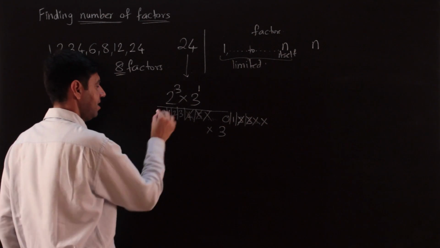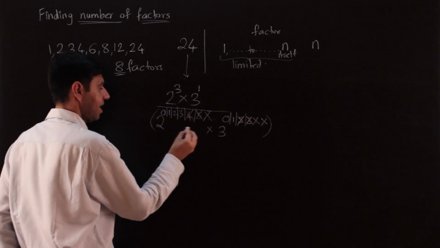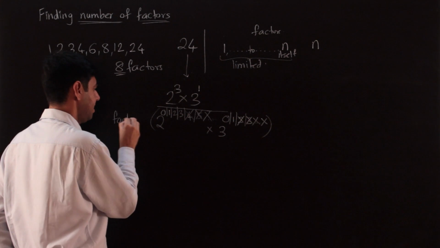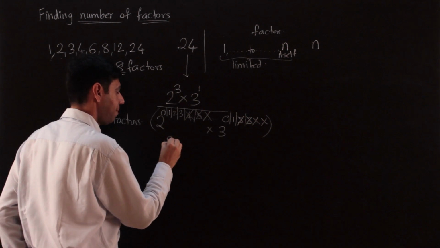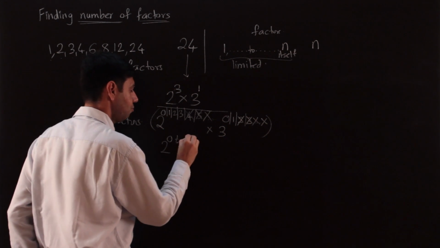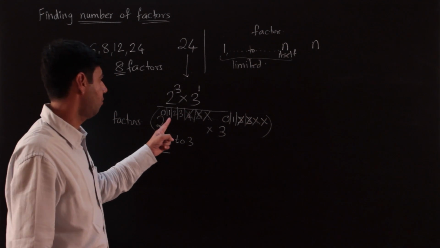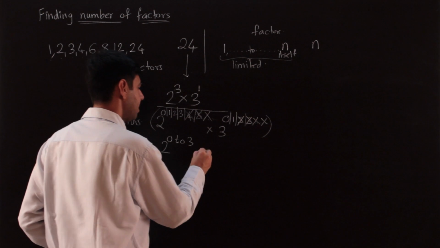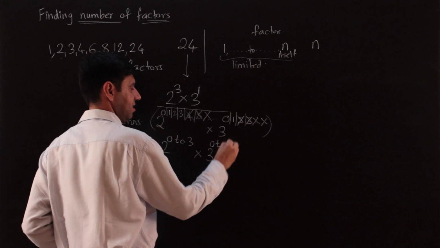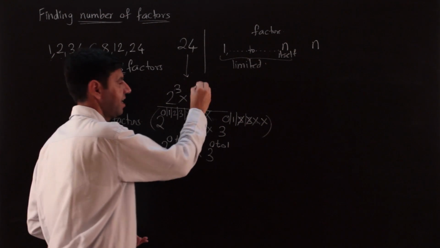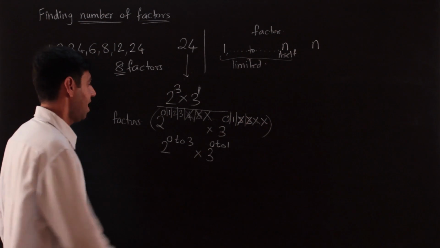So what we are left with, these are your factors. The power of 2 could be 0 to 3: 0, 1, 2, 3. And the power of 3 could be from 0 to 1.